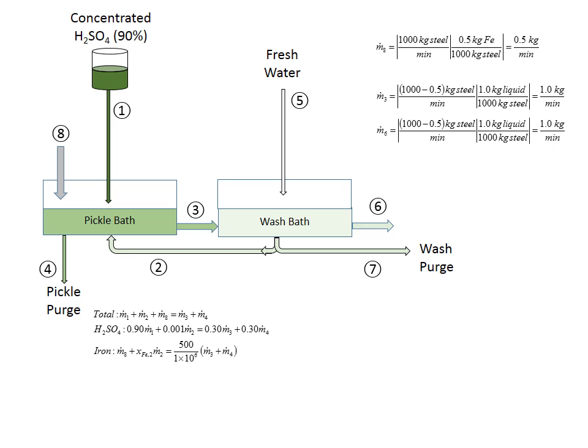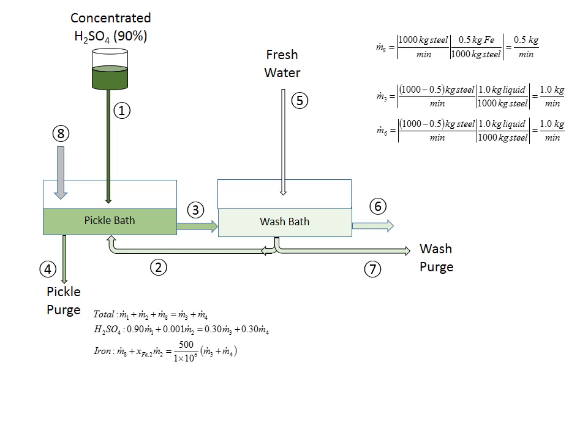We can also do a dissolved iron balance. Iron comes in stream 8, which is the mass flow rate of stream 8, which we determined to be 0.5 kilograms per minute. Some of it comes in with stream 2. We're going to use the mass fraction of iron in stream 2, which we do not know, and multiply that by the mass flow rate of stream 2.